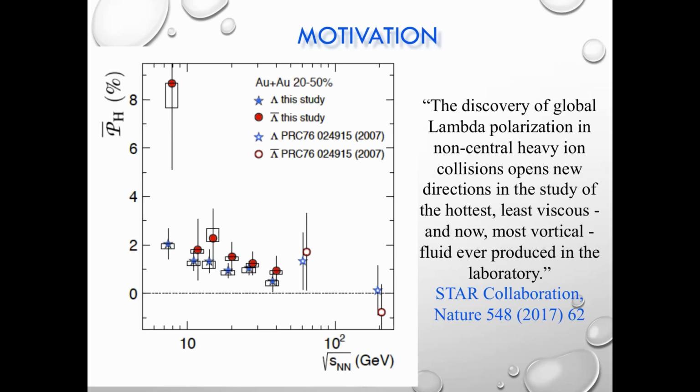But when we come to the bottom point in energy, 7.7, you see huge polarization of anti-lambda, about 8 or 8.5%, although with relatively large error bars, but definitely almost four times larger compared to that of lambda.